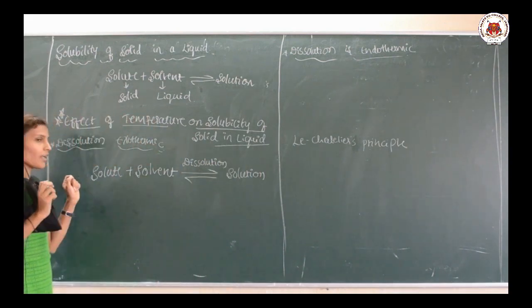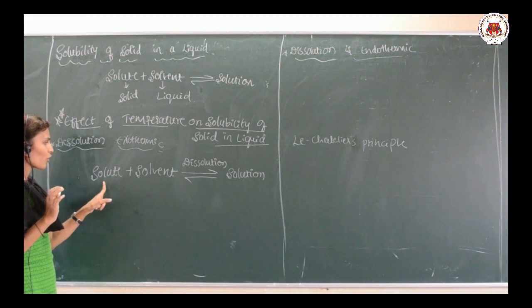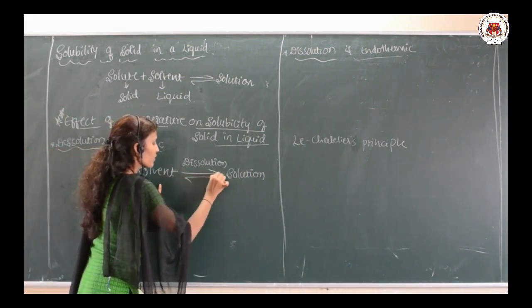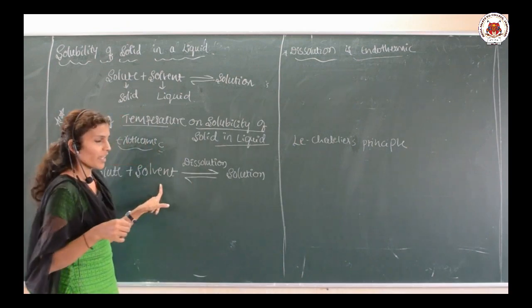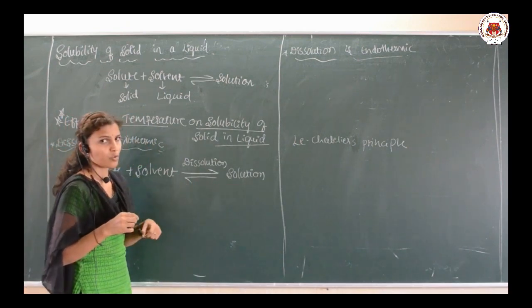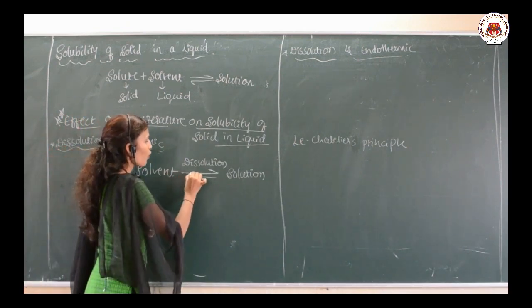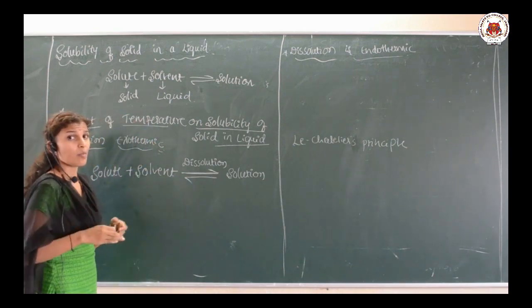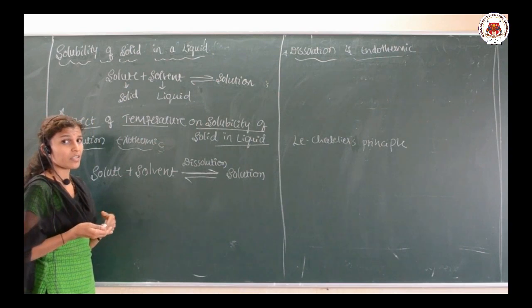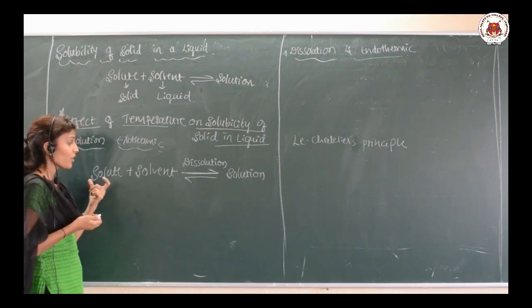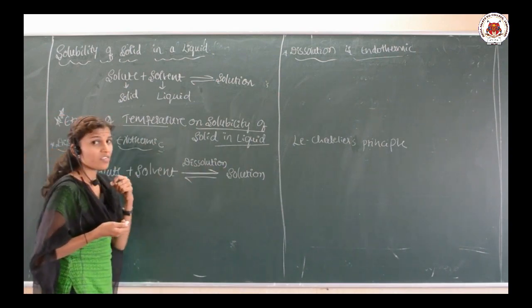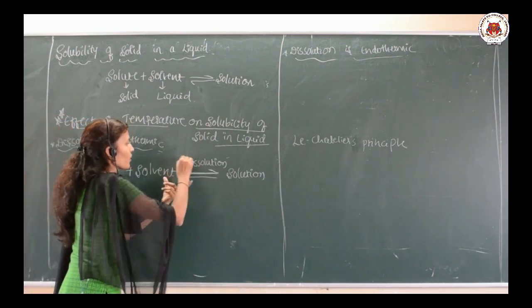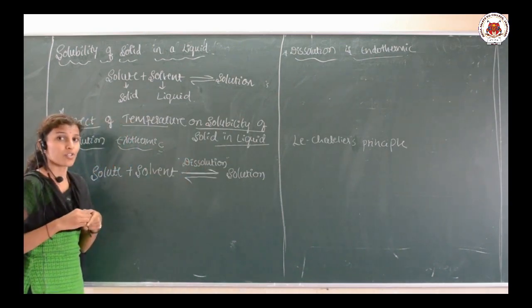Here let us consider solute plus solvent undergoes the reaction and forms the solution. Consider the forward reaction, because solubility is the amount of the solute present in a specific amount of the solvent. So this forward reaction is solubility, that is, dissolution.